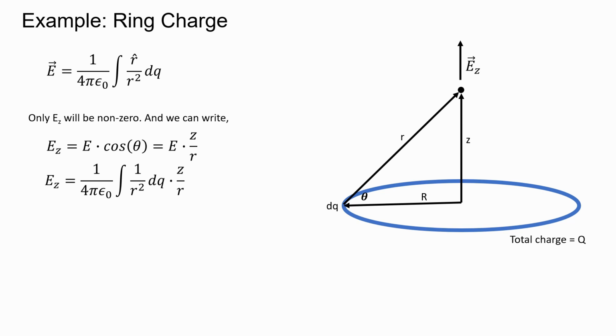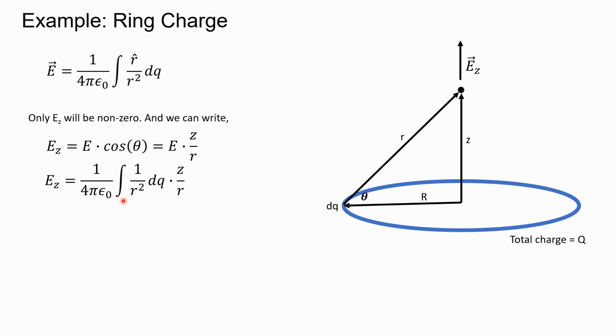So we can write now our non-zero electric field. Ez is equal to 1 over 4 pi epsilon naught times the integral of 1 over r squared dq, and then times z divided by r. However, within this integral over dq, the integrand 1 over r squared is constant. Essentially everywhere around this ring, no matter where we are, this vector r is always a constant.